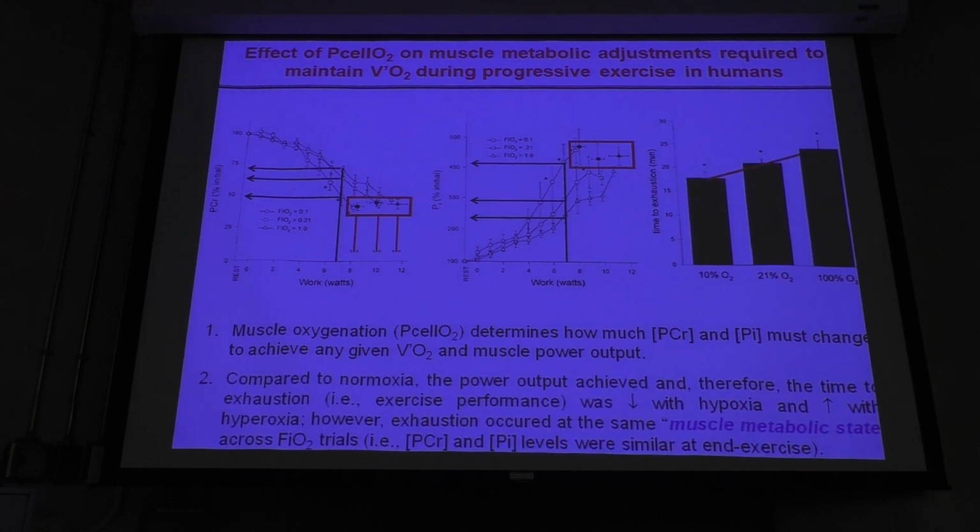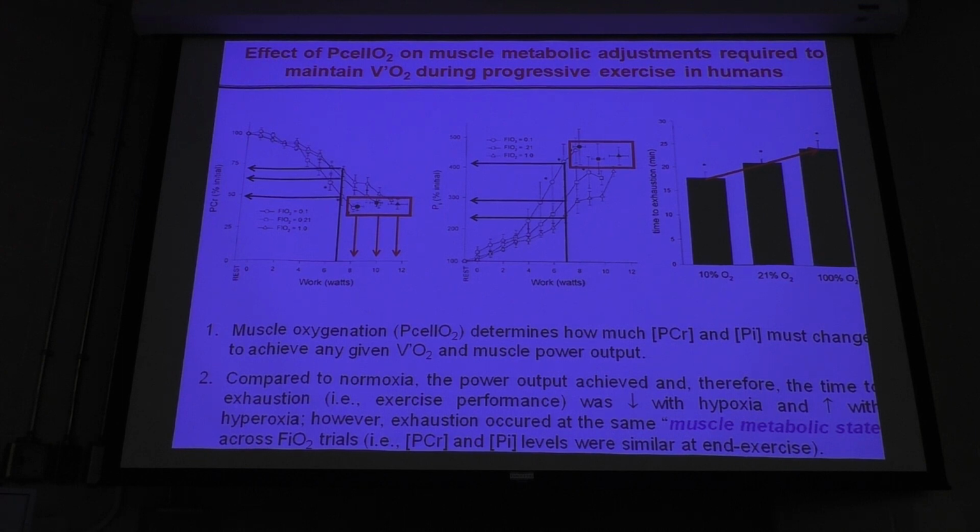Indeed, the time to exhaustion was pretty dramatically compromised in the reduced oxygen delivery state and substantially improved in the high oxygen delivery state. So compared to normoxia, the power output achieved, and therefore the time to exhaustion, i.e. human exercise performance, was reduced with hypoxia and increased with hyperoxia.